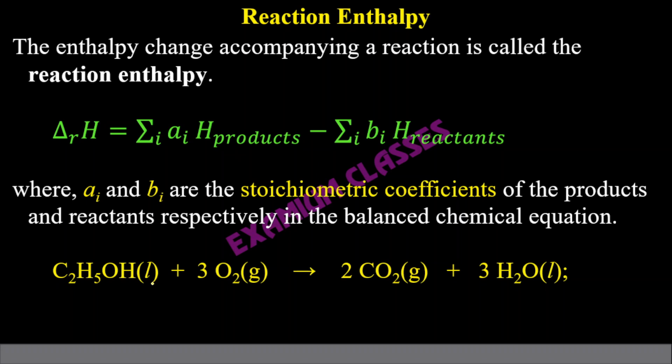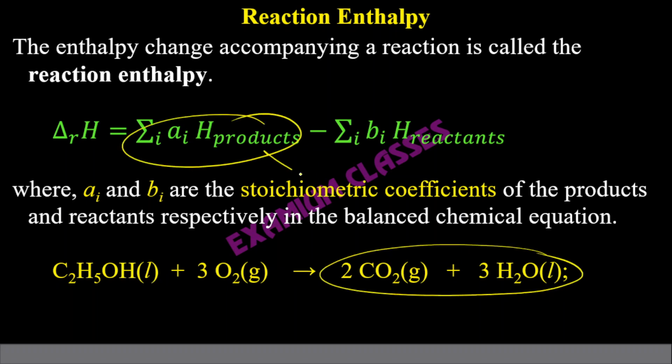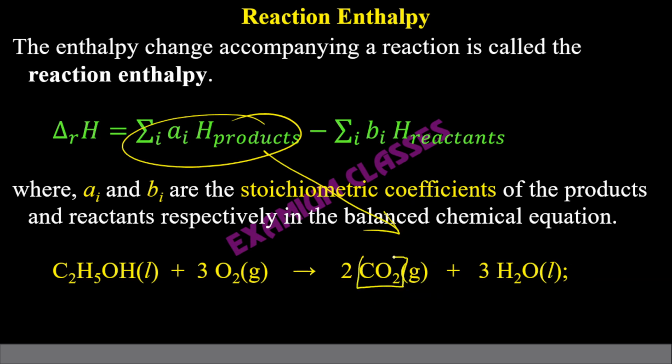In this case, suppose I first consider the products. Remember, here I will be using enthalpy of formation. Enthalpy of formation of CO2, I will multiply that by 2. Then I will add enthalpy of formation of water multiplied by 3. That will be this part.